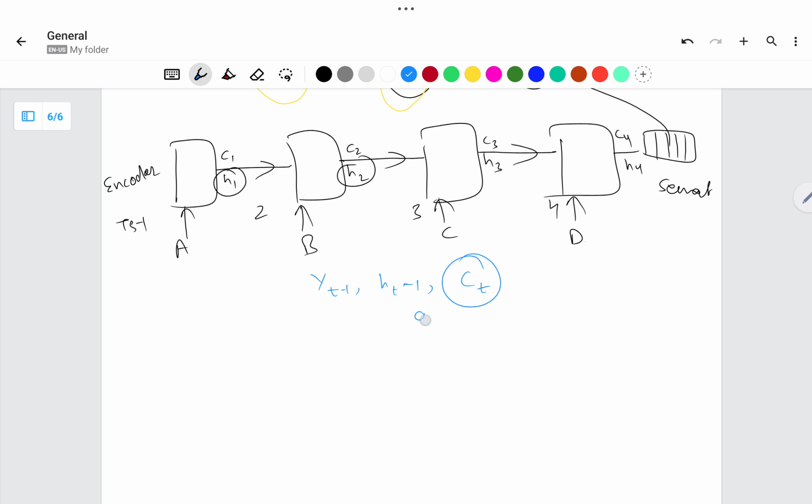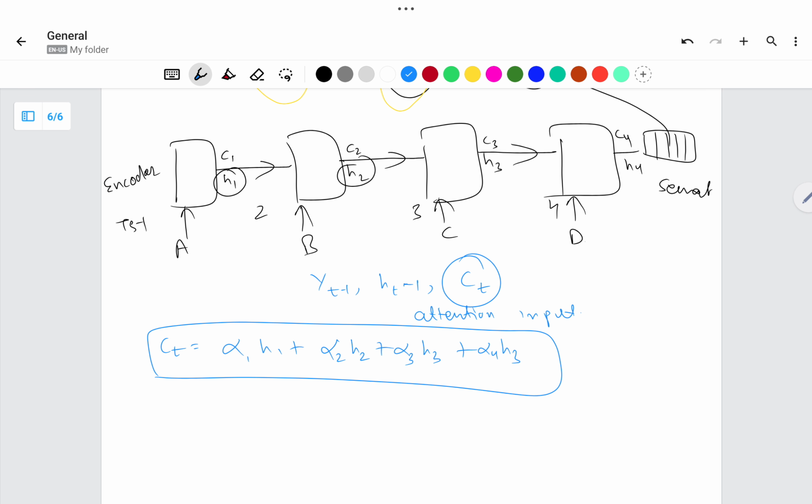Ct is the attention input. Okay, the attention input looks something like this. Basically it is the weighted sum of all the hidden states of our encoder blocks.